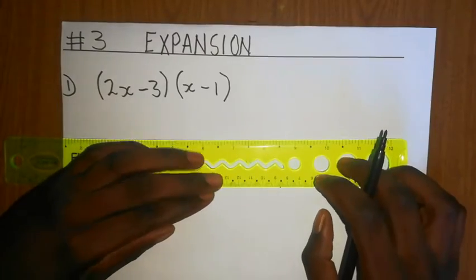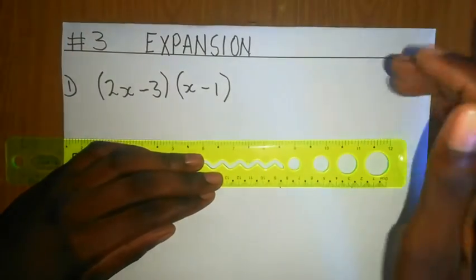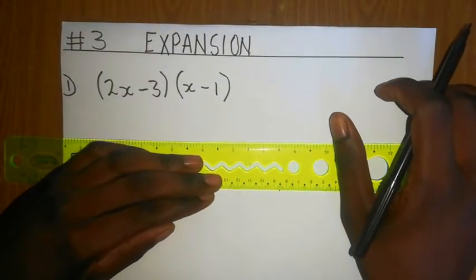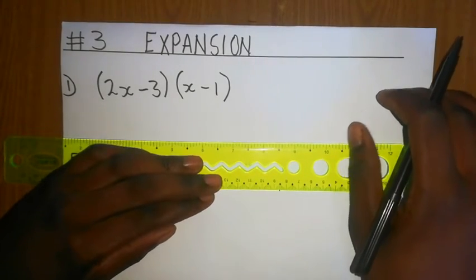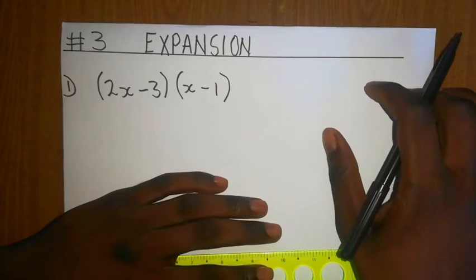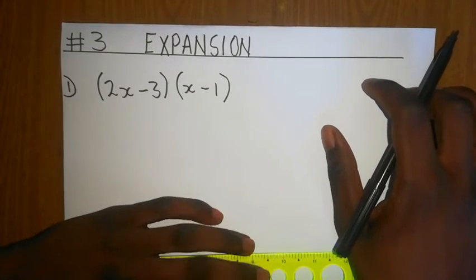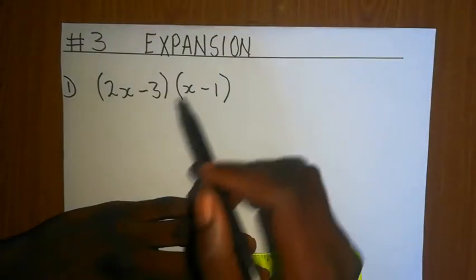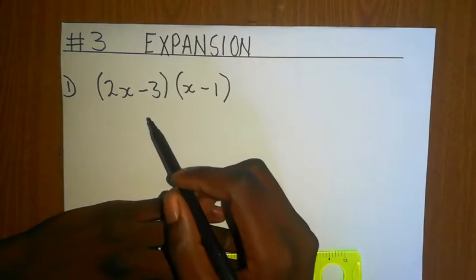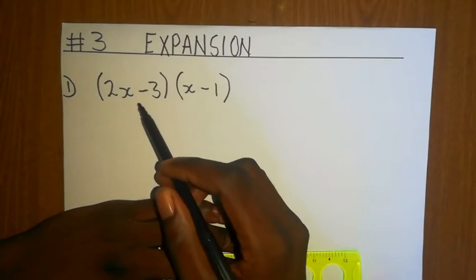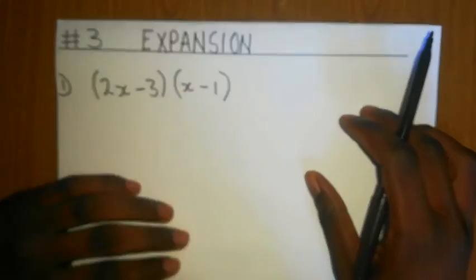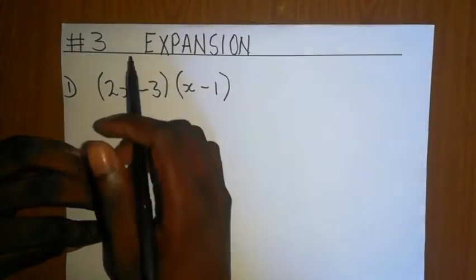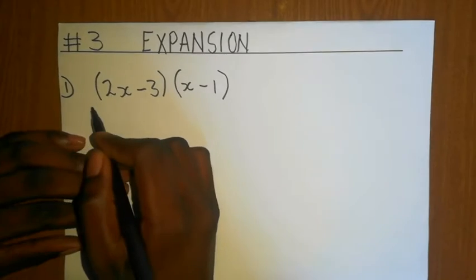Using this example that I have here, I have two brackets. What you're going to be doing is multiplying. The basic principle is that the second bracket multiplies the first bracket twice, or vice versa. So it's going to appear like the following.